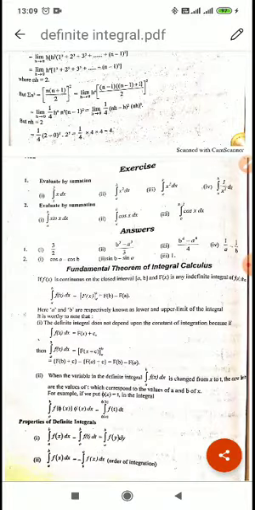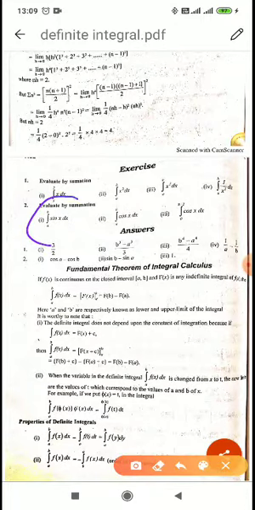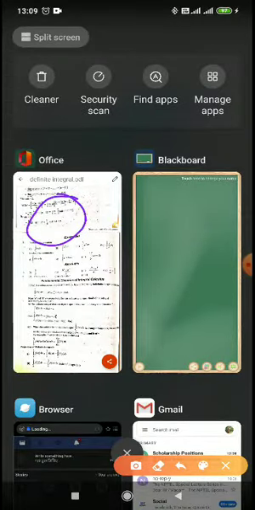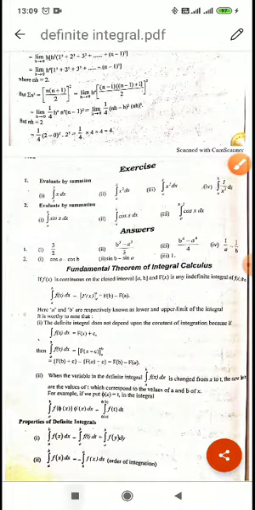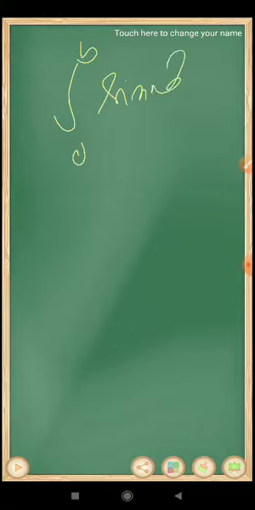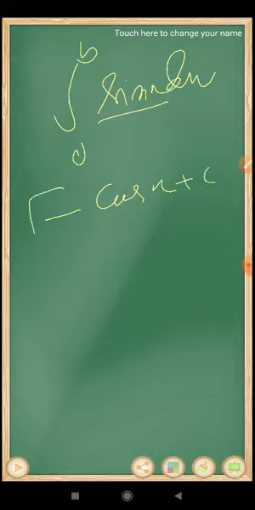Now we can go for this one. How to perform sin x? Integration from 0 to b of sin x into dx. What is the integration of sin x? Sin x integration is minus cos x plus c. Now the lower limit is 0 and the upper limit is b.